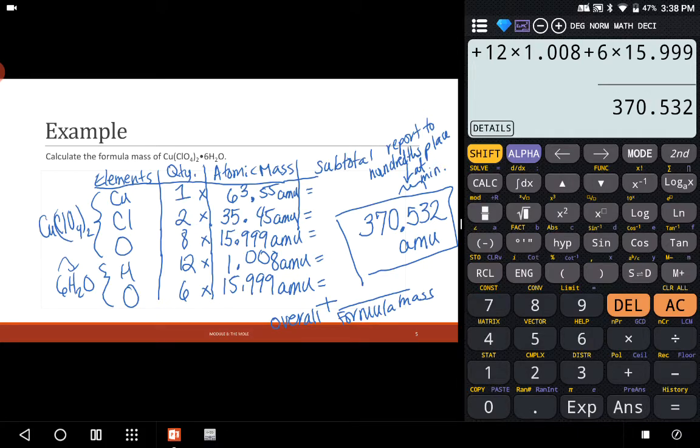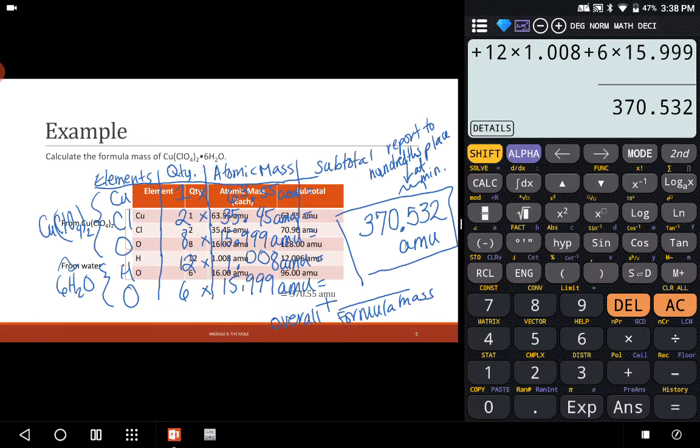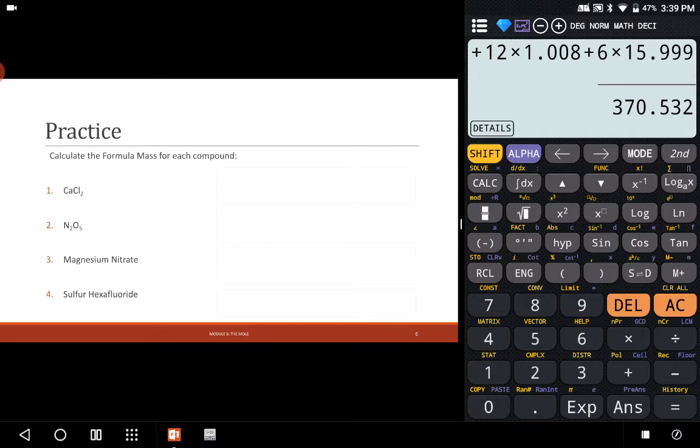Don't worry about sig figs too much here. I have the math worked out below; I used a slightly different atomic mass of oxygen when I did this earlier. Depending on which periodic table you're looking at, you might end up with slightly different values, and that's okay.